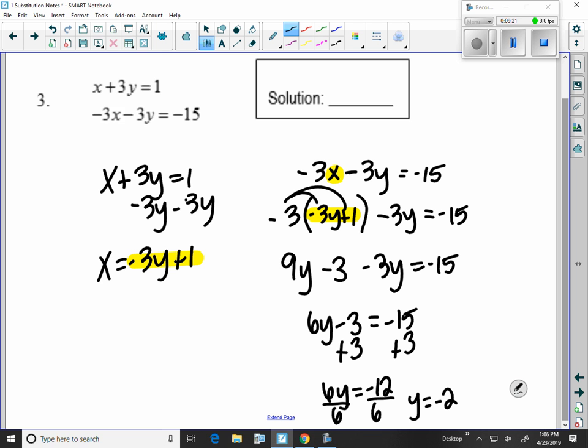And check yourself when you're done, see if you can get y. If you messed up, see if you can look up here and find your error. Okay, once you get y, what do you do? Plug it into the other equation.